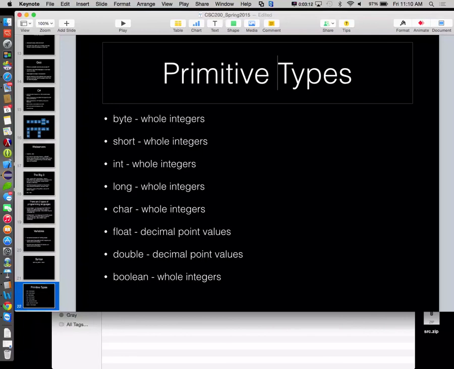That is, types that are built into the language for our use. Okay? GameSalad, the tool we're going to use in here, has a subset of these, and I think that'll make sense here in a few minutes after we talk about, hopefully some of you are questioning why there are so many ways of holding whole integers.